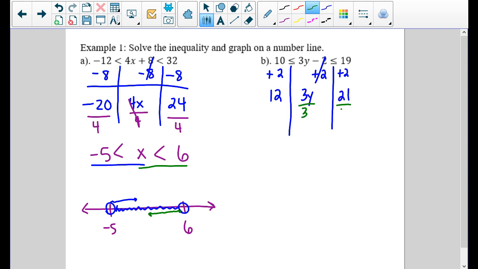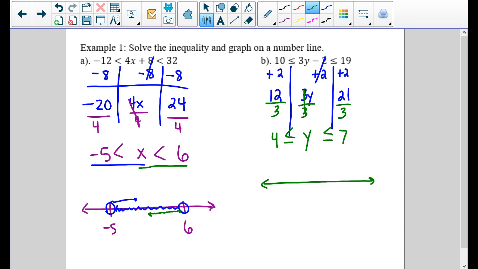Dividing everything then by 3: 12 divided by 3 is 4, 3y divided by 3 is y, 21 divided by 3 is 7. Good, we didn't divide by a negative, so just bring our signs down.